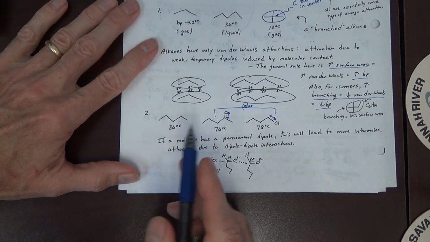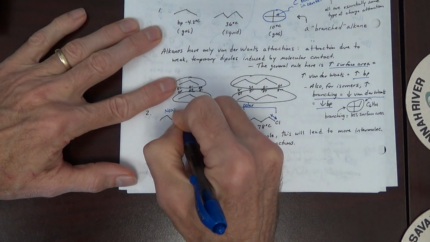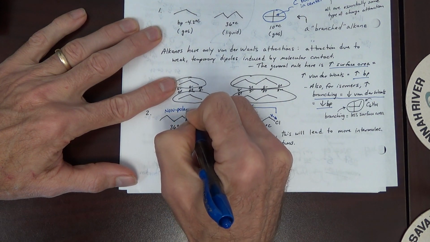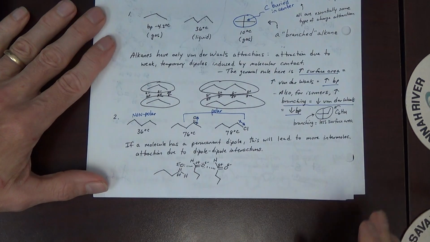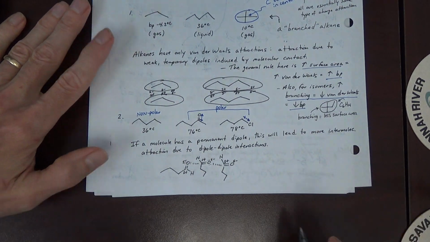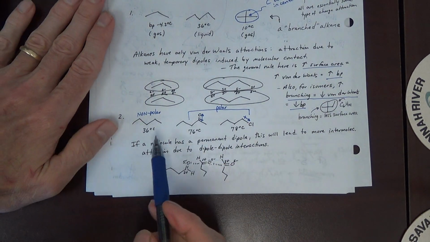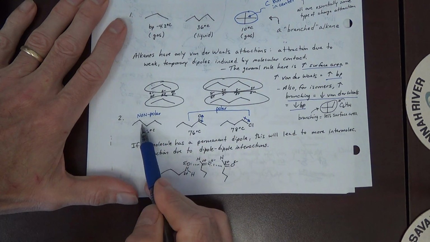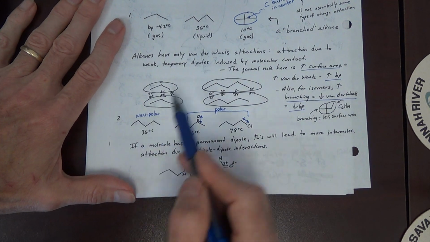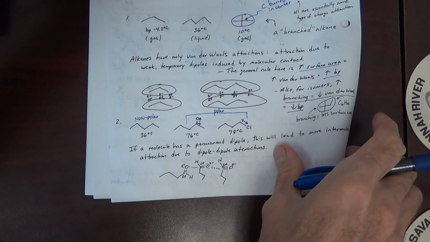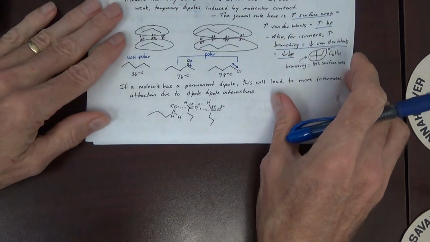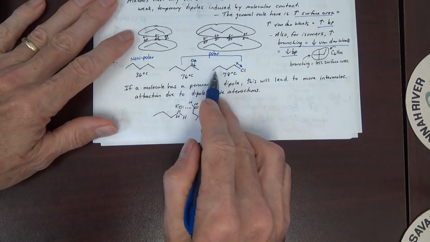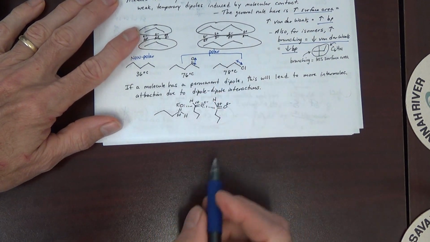But this molecule here is nonpolar. Now these are permanent dipoles. This only has fleeting temporary dipoles we call van der Waals. Weak. Permanent dipoles are stronger.